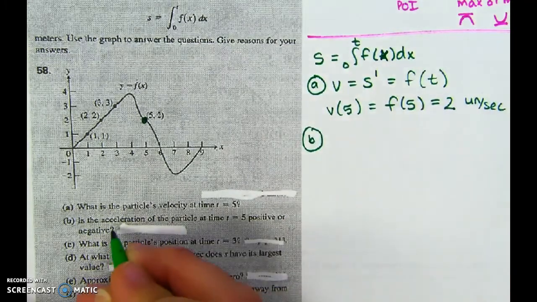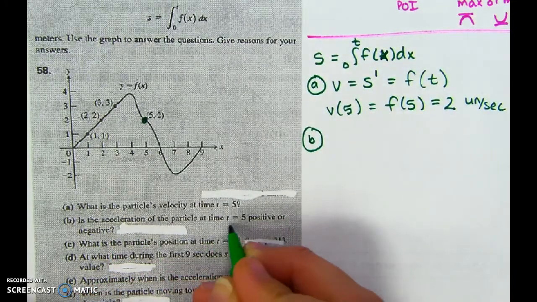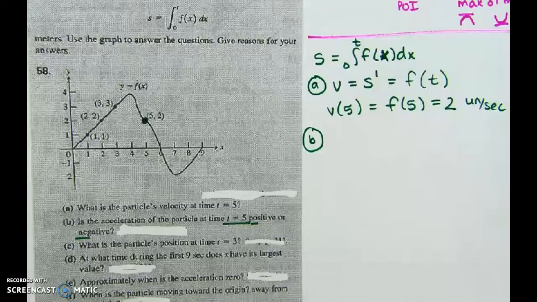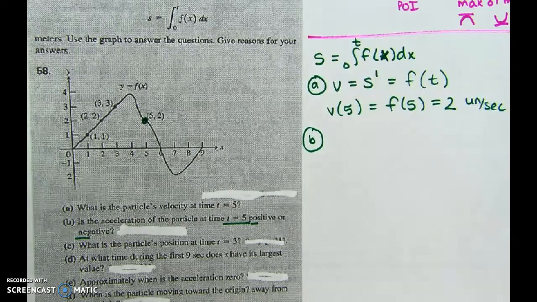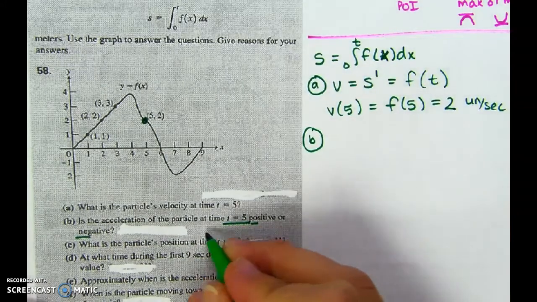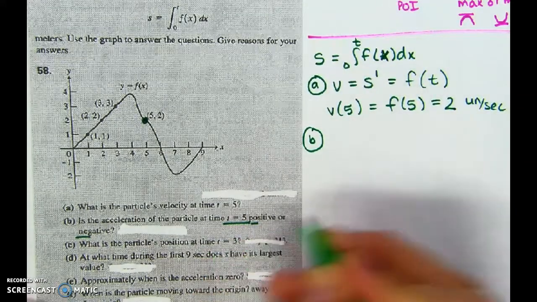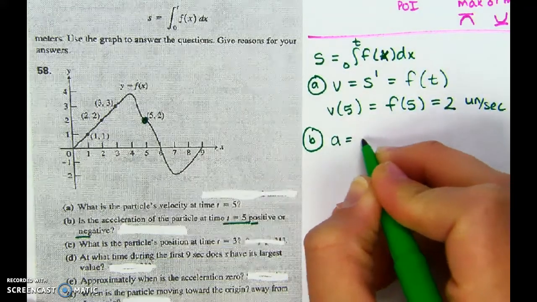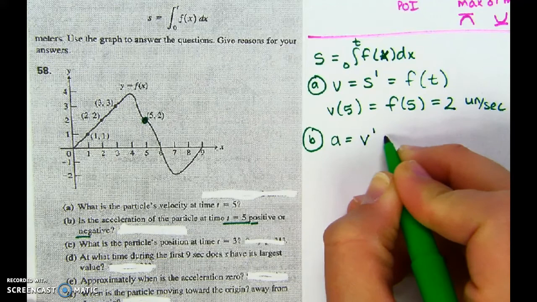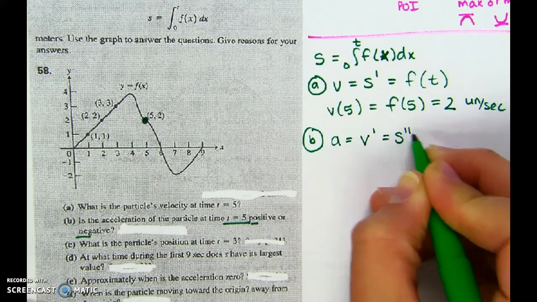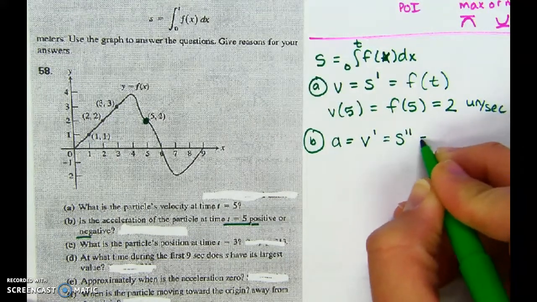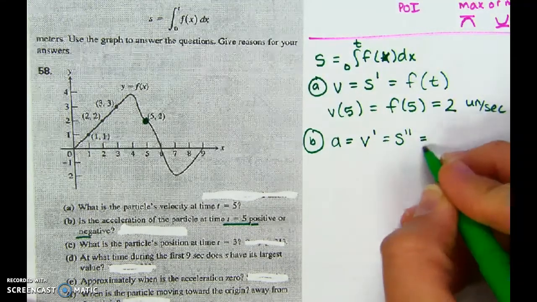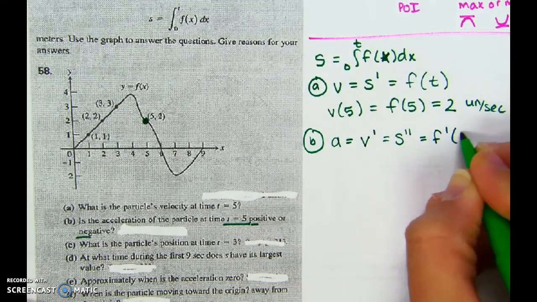B, is the acceleration of the particle at time equals 5 positive or negative? Well, acceleration is equal to the derivative of velocity, which is the second derivative of position, which means if the first derivative is f, then the second derivative will be f prime.